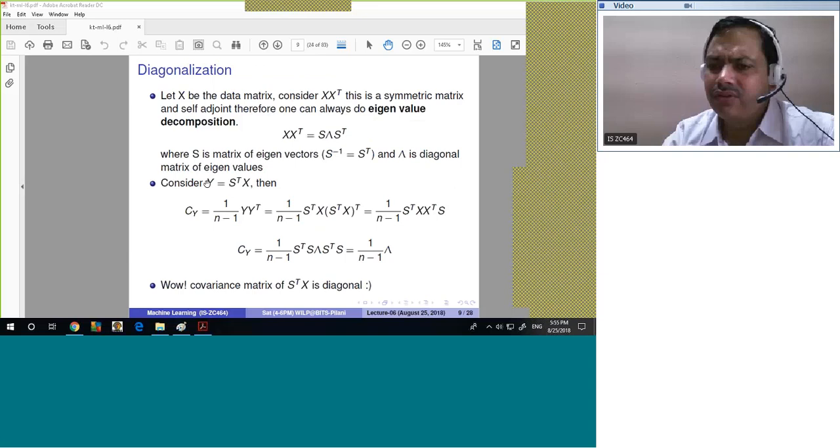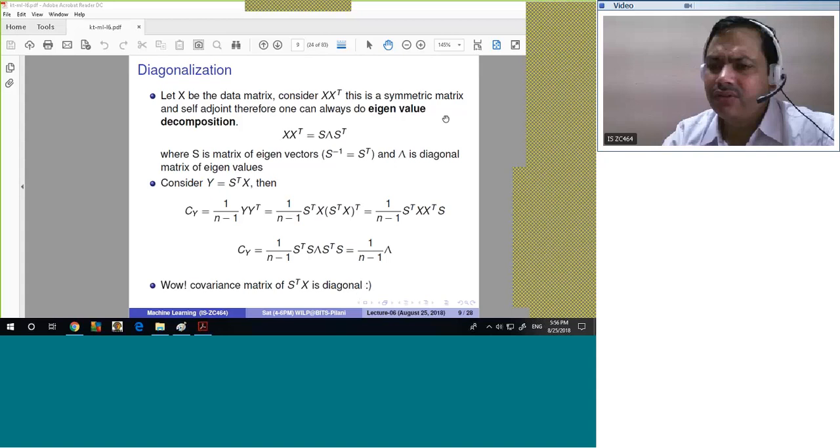Now given the X, you can find out the Y. You find X transpose X, do its eigenvalue decomposition, then you use the transpose of that matrix to multiply with the X to get the Y. This matrix would be this very special matrix that has the covariance matrix as a diagonal matrix. So it is a very good thing.